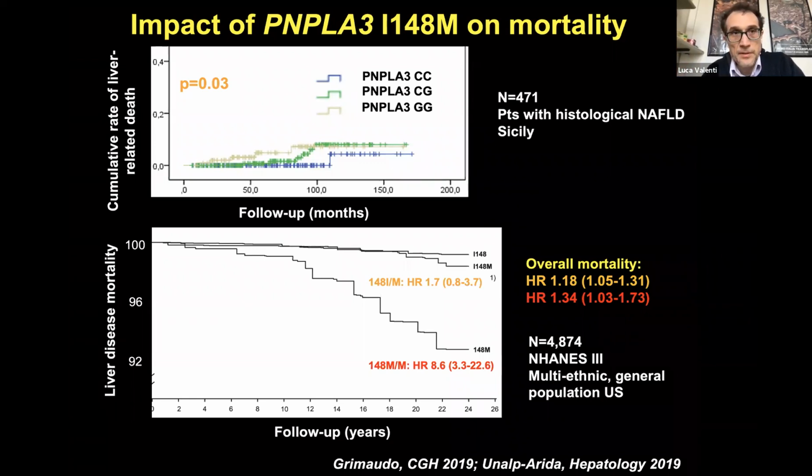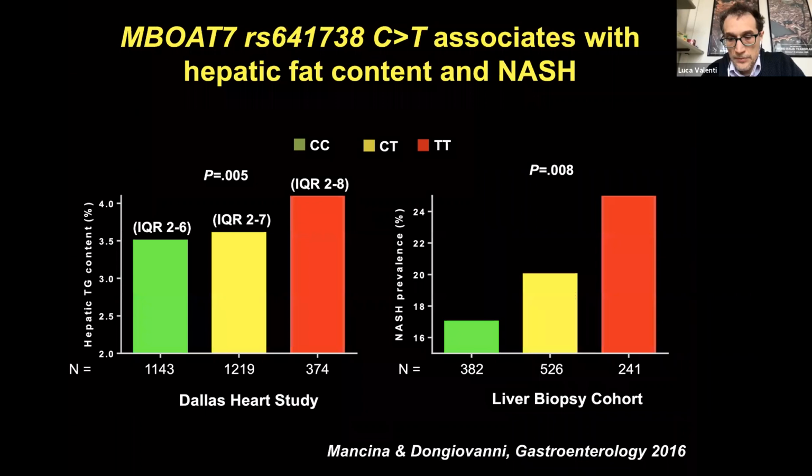So this is the main determinant of the risk of progressive liver disease, even considering the acquired risk factors for this condition. During the last years, we also identified other genetic risk variants for fatty liver disease.